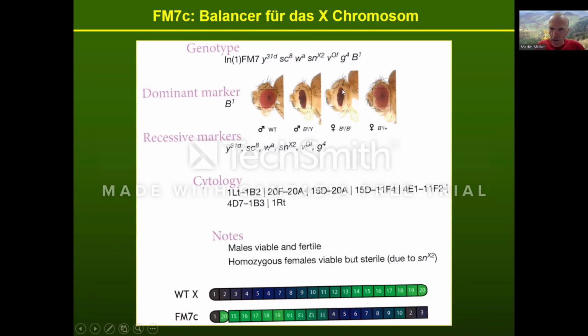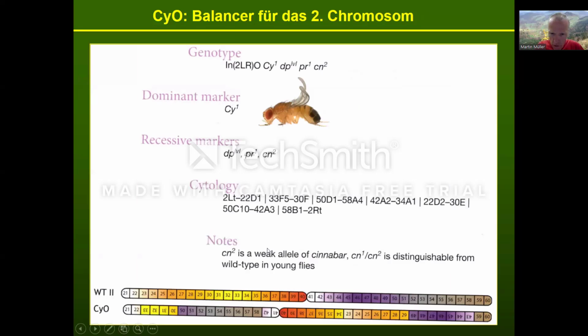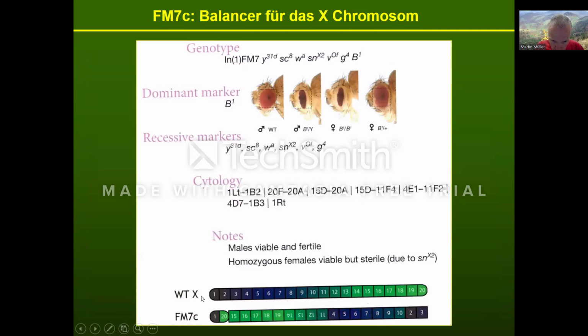And when you see this phenotype here in a cross which contains FM7, you know this fly contains the FM7 chromosome.